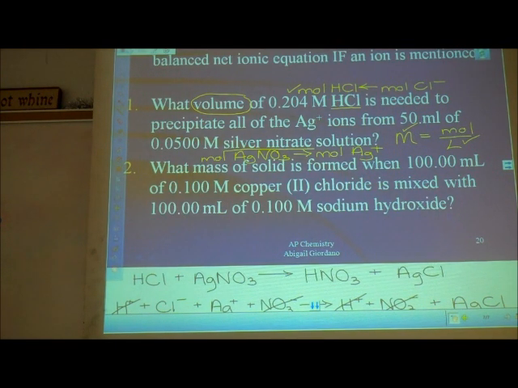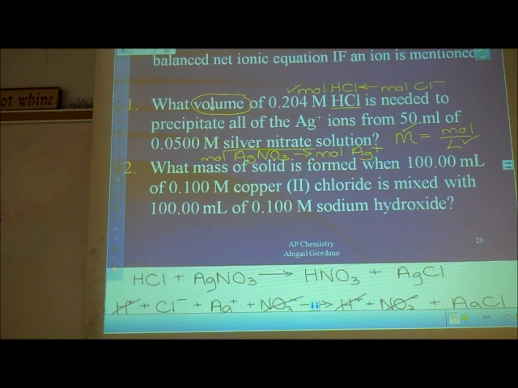So, ladies and gentlemen, I would strongly advise that you map out a plan when you have a word problem like this, because you can always keep going back and saying, okay, now what do I do? Now what do I do? I've got moles of HCl and I have a molarity of HCl.